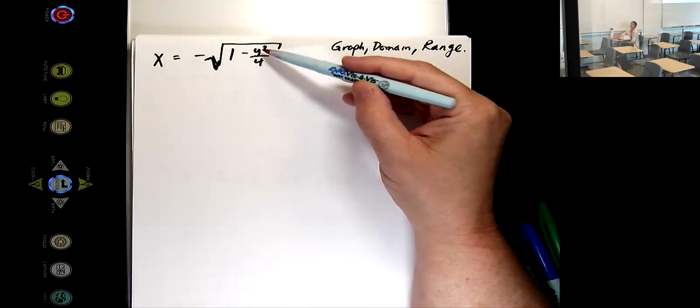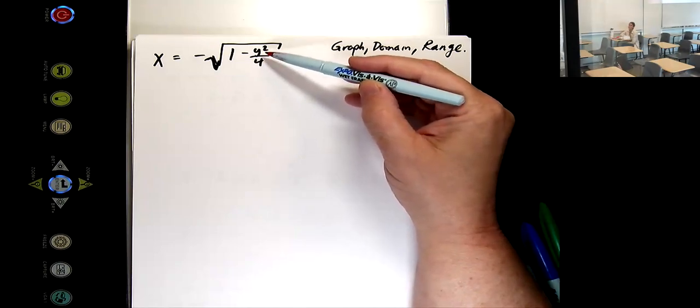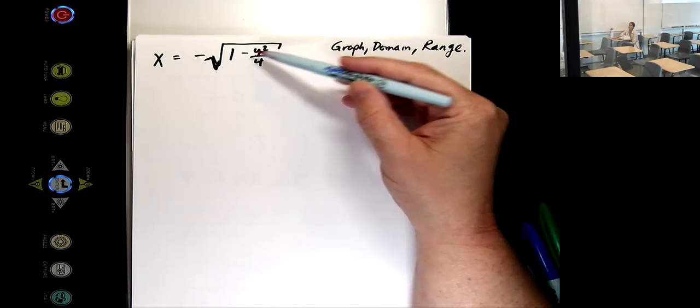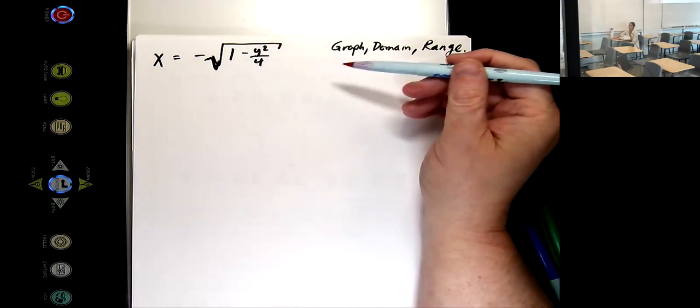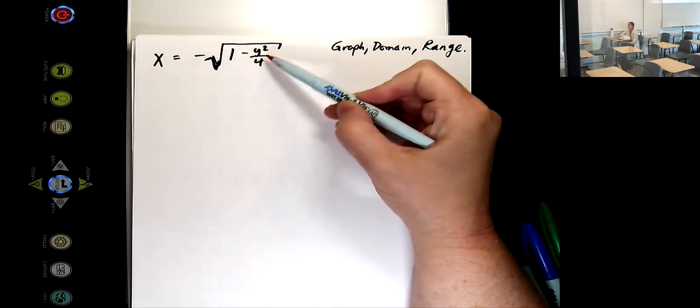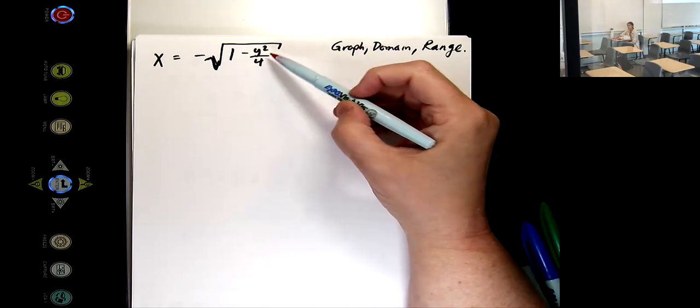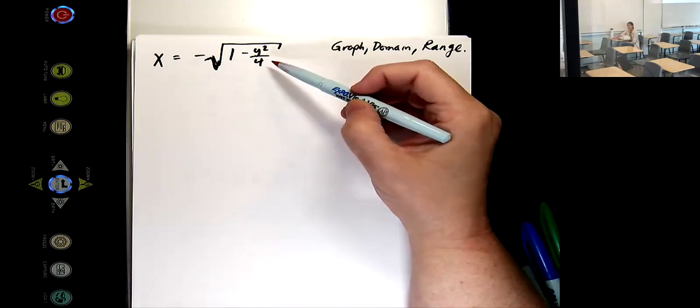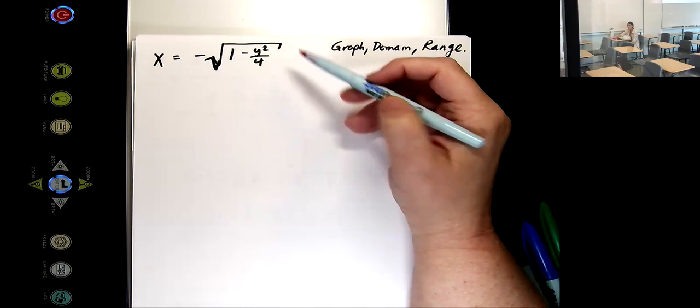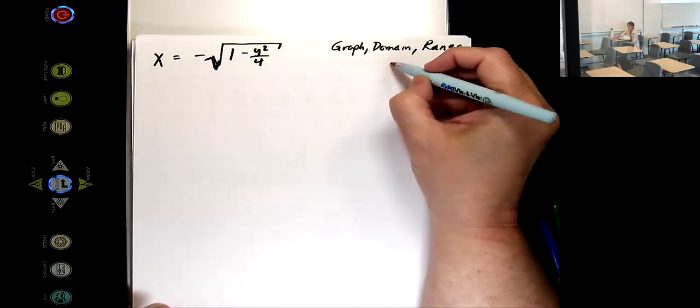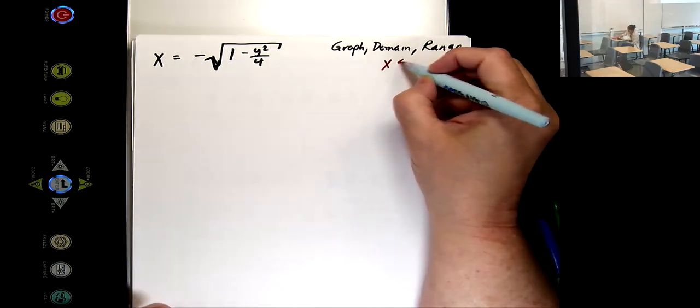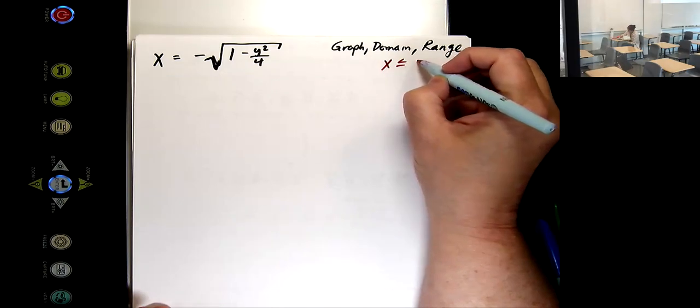If Y is 2, this gets down to 1 minus 1 is 0, and that would be that. But other than that, anything we do in here should be positive. If Y is too large, this becomes complex and we can't even graph it. So we do have a restriction. X can't be positive.